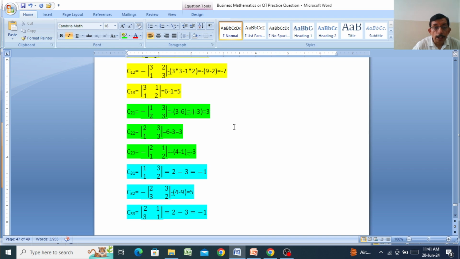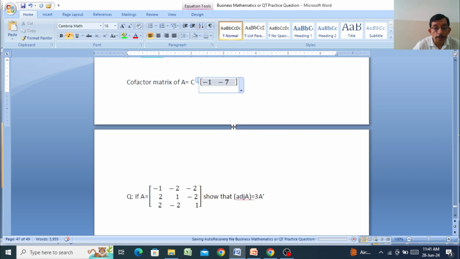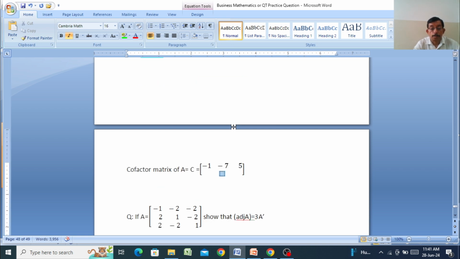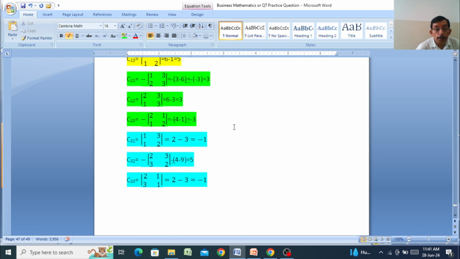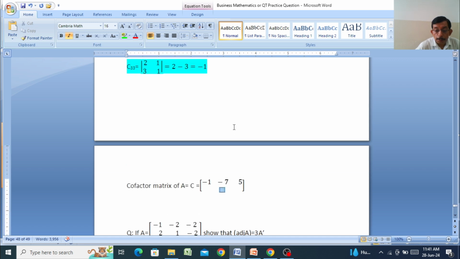C13 is 5. After that, second row, first column, C21 is 3, 3, minus 3.